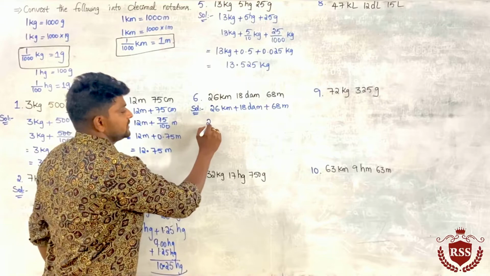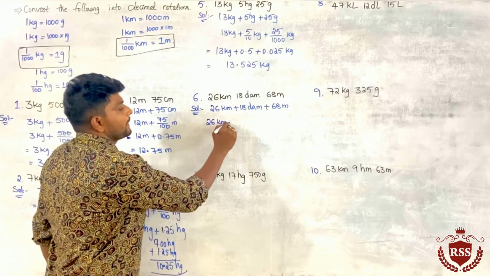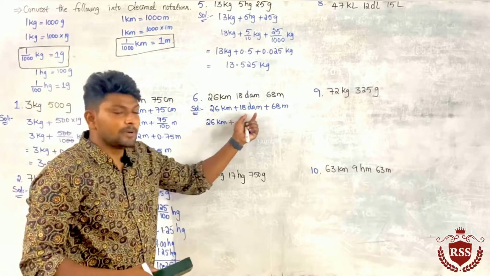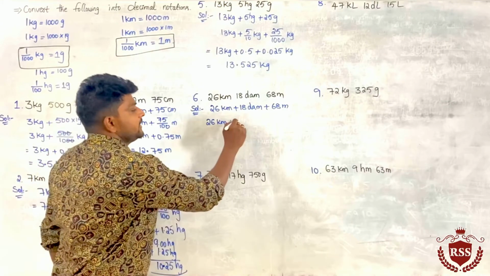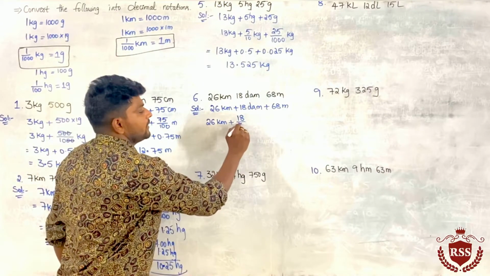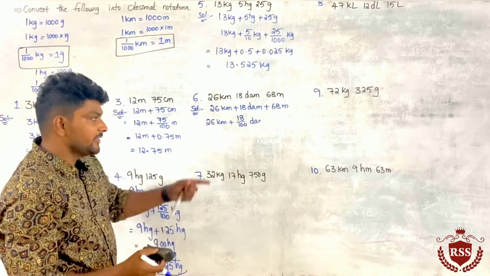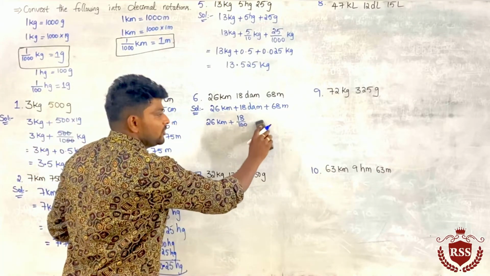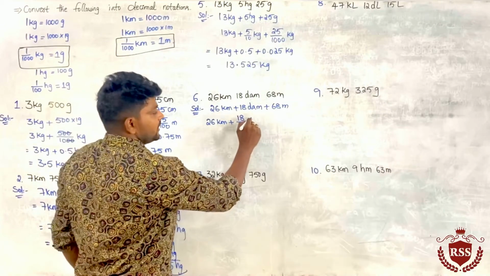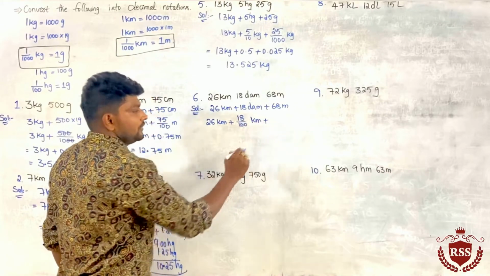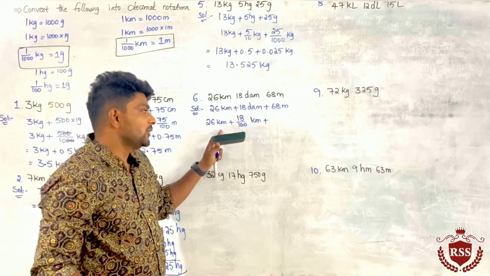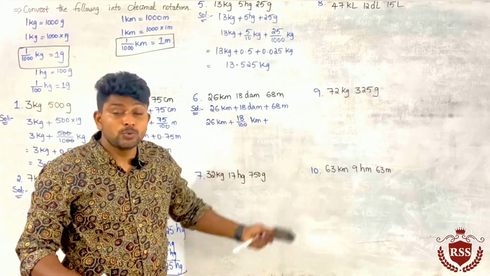So 26 kilometers plus 18 decameters. 18 decameters means 18 by 100. If we divide by 100, it will be converted into kilometers. Plus 68 meters. 1 kilometer equals how many meters? 1000 meters.